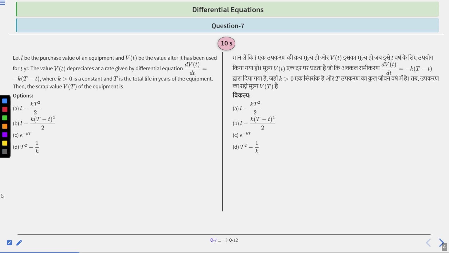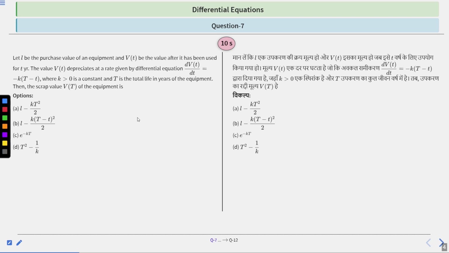So the hint of this question is you are given the differential equation in terms of capital T and t. At t equal to 0, so we have to basically integrate this from t is equal to 0 to capital T, right?